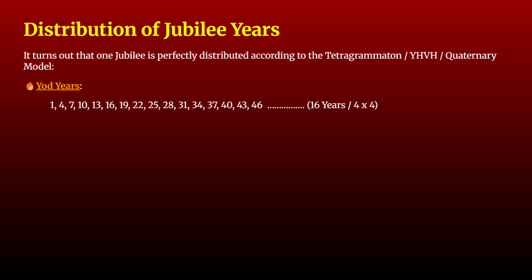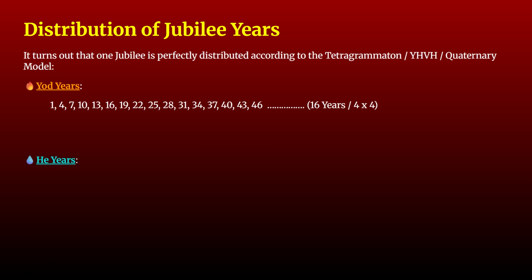So those would be years 1, 4, 7, 10, 13, 16, 19, 22, 25, 28, 31, 34, 37, 40, 43, 46. Those are 16 years, which, remember the quaternary, the tetragrammaton, 16 is 4 times 4.